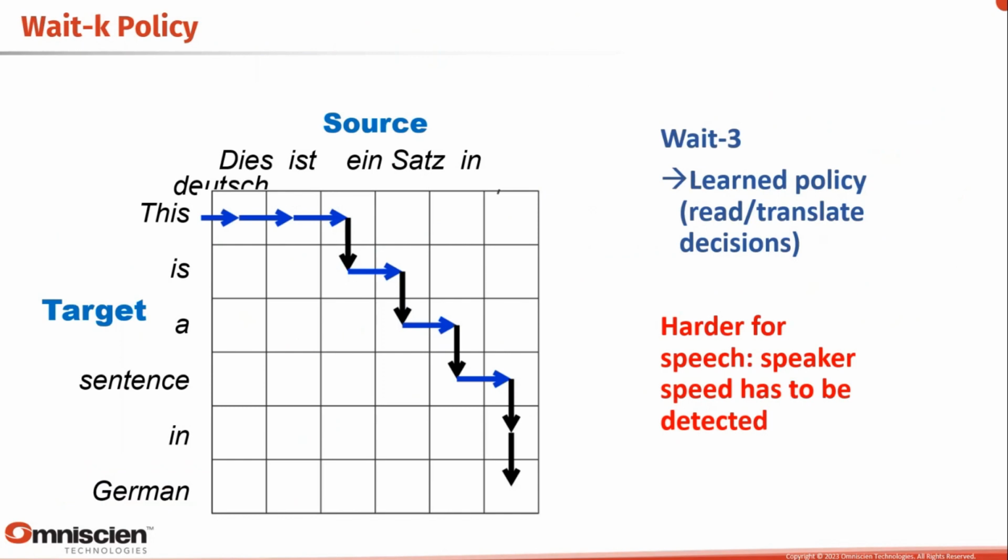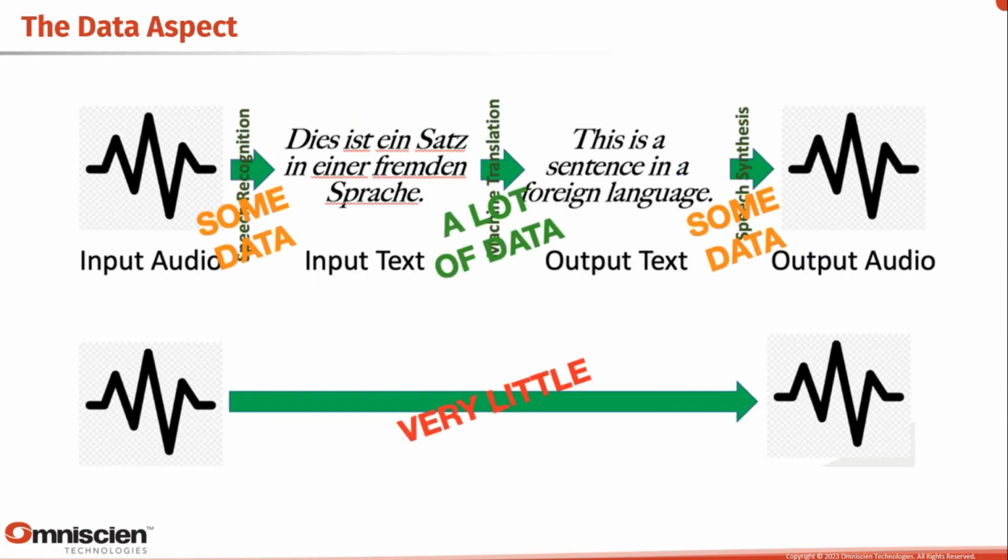The standard method is to just wait for a few words and then start producing. That makes a lot of sense for text because the output should have a similar number of words as the source. But it is less clear in speech because people might speak slower or faster, and the generation has to mirror that speed to some degree.